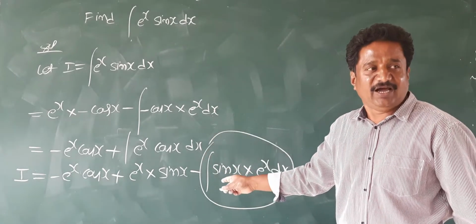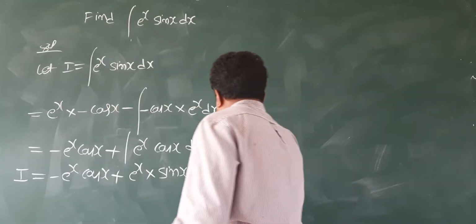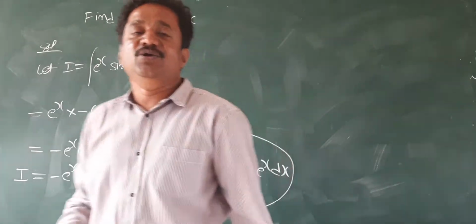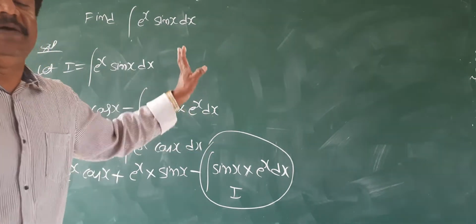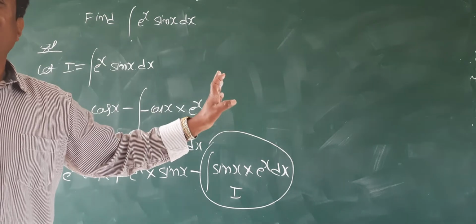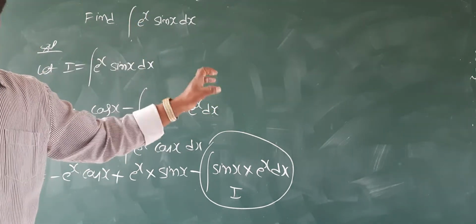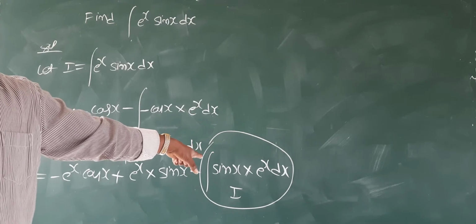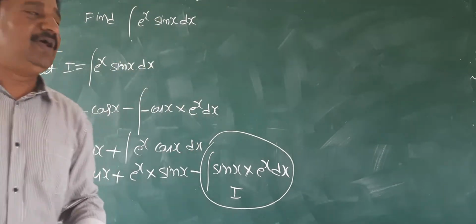What is this? I. Compare that. I only. I hope you understood why this type of integrals should be denoted by I. This is the reason. After applying parts 2 times, we get back our I.